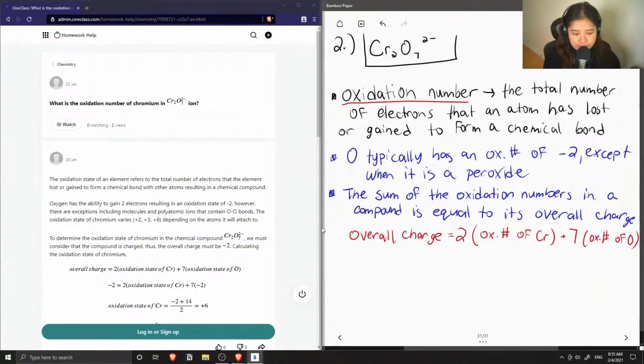Okay, so now let's sub in what we know. We know the overall charge of this ion is -2, and we're trying to solve for the oxidation number of chromium. And we know the oxidation number of oxygen is -2.